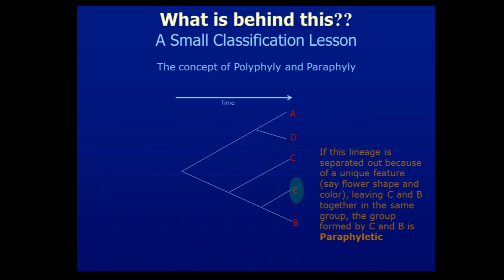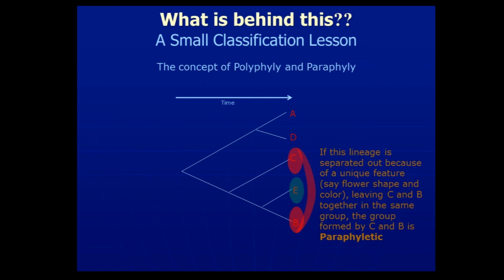You can also get one other way of transgressing good classifications. Let's say somebody decides that this thing right there is striking and outstanding and remarkable. Maybe it's hummingbird pollinated. Maybe it's delved into an aquatic environment and looks very different.